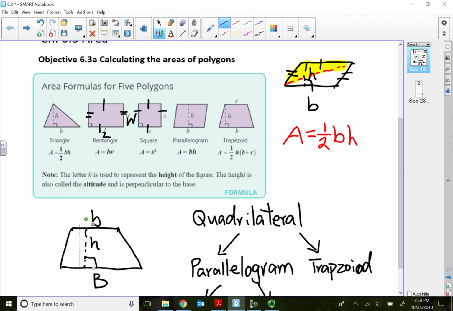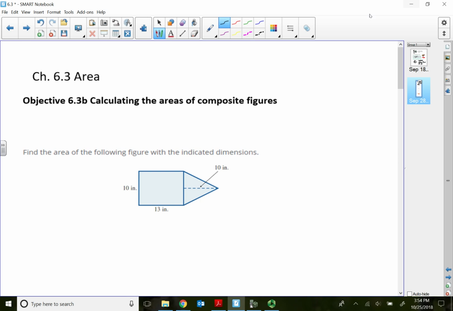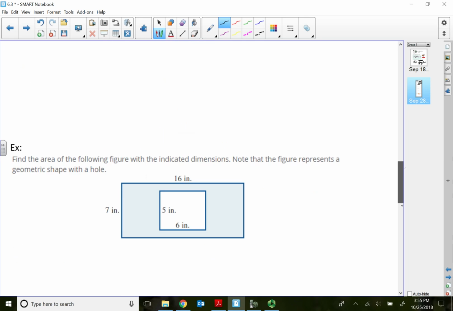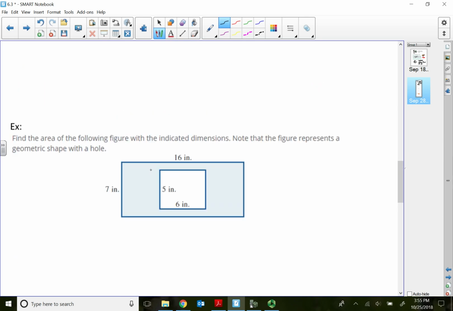All right. So when it comes to the composite figure for areas, this composite figure is either two shapes placed right next to each other, which means we will add the areas to find the total, or it's a shape within a bigger shape where we cut out the shape that's within.